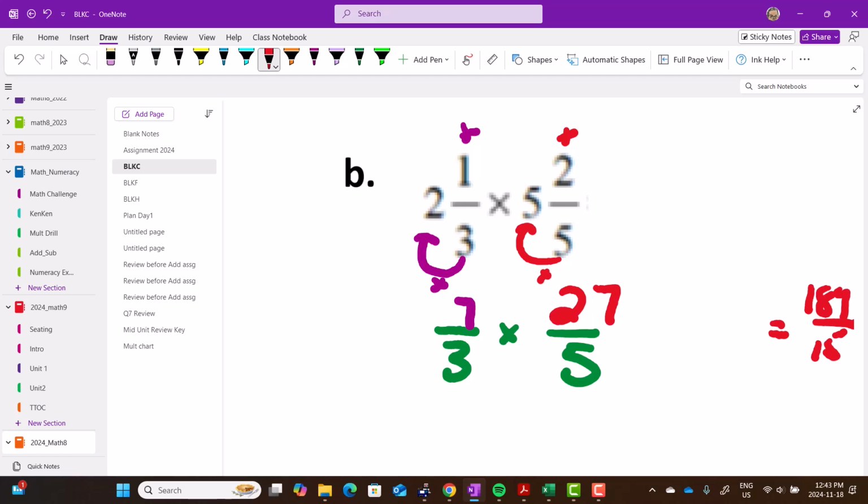3 and 27. Can be divided by 3. So we're going to cross these off as pairs. Right? You go 3 fits into 3 once. And 3 fits into 27 how many times? 9. Okay. Is there any other pairs of numbers that can go smaller?